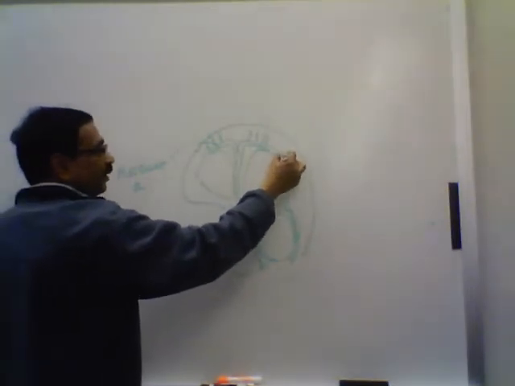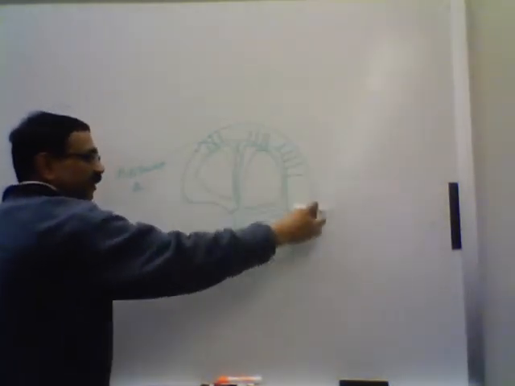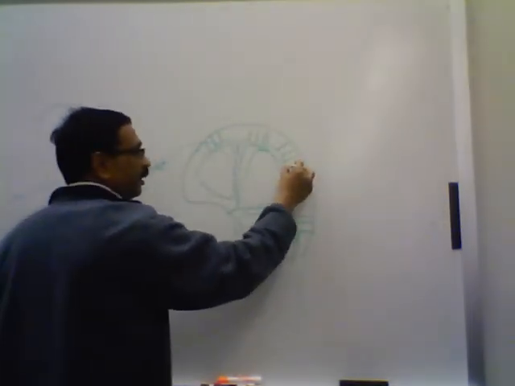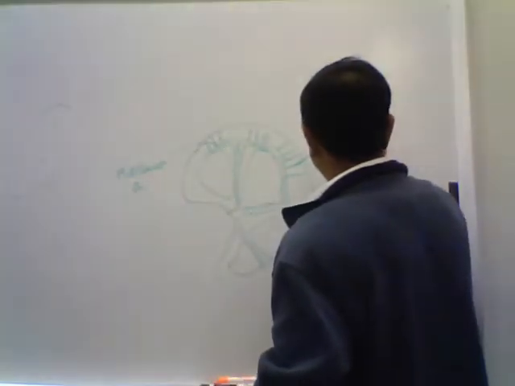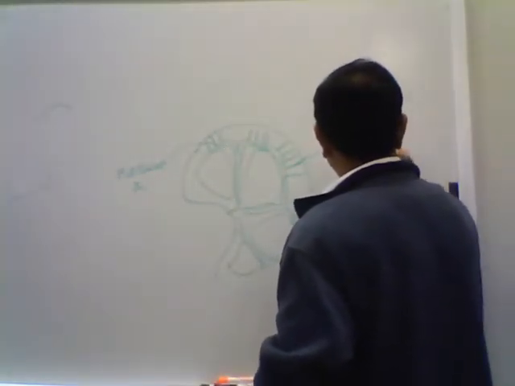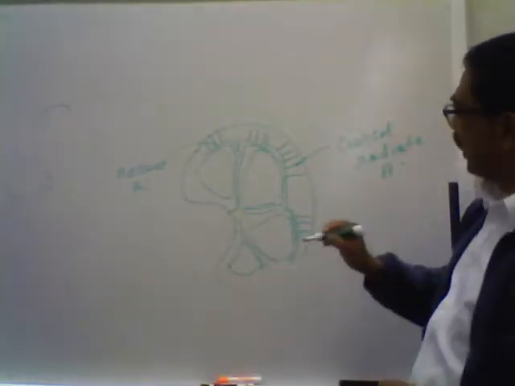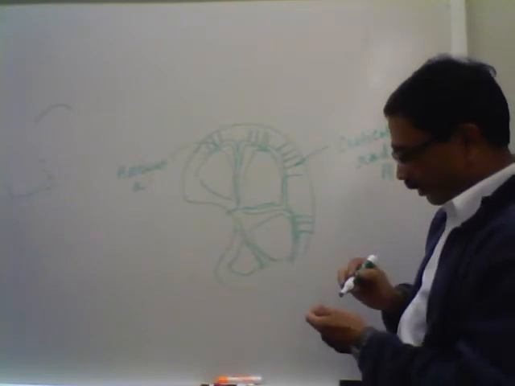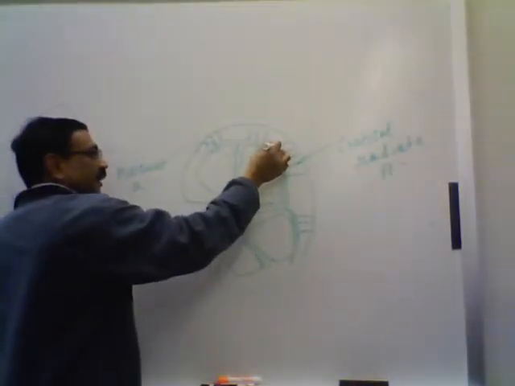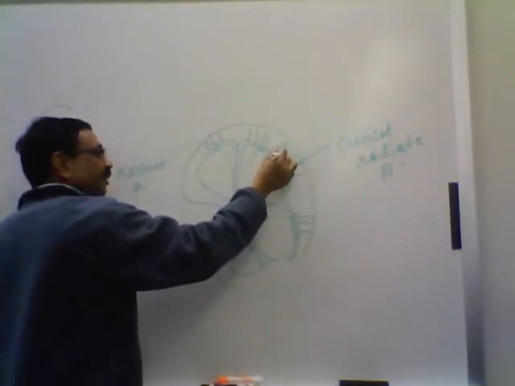And from the arcuate artery, several branches arise like this. And now you see all these branches are inside the cortex, because this is the cortex of the kidney. So these are called the cortical radiate arteries. Okay. And then what happens? From the sides of cortical radiate arteries, small arteries arise like this.